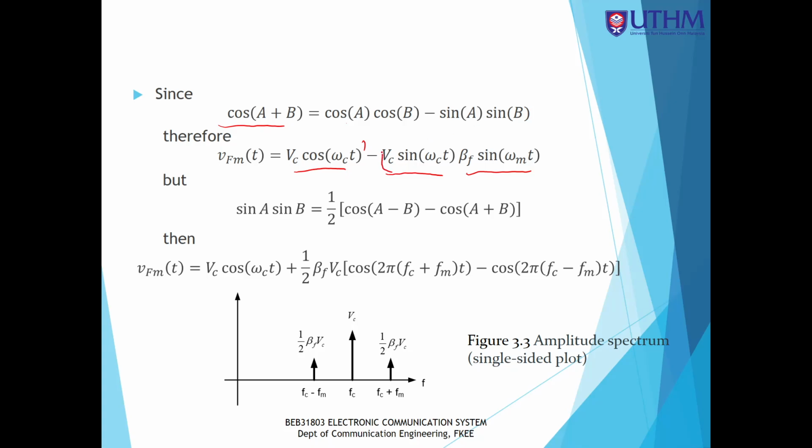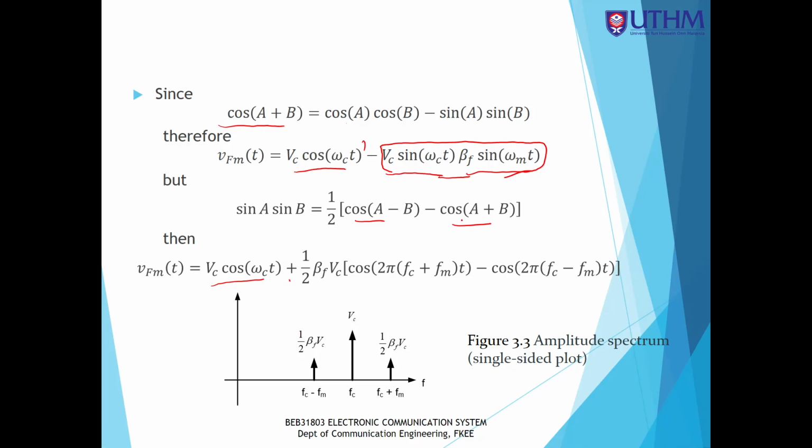Again, we see that this part is sine and sine. We can further elaborate this part. Sine and sine, according to trigonometric identity, becomes cos(A minus B) minus cos(A plus B). So this is what we have done in AM. So we get a lower sideband and upper sideband. So what happened? Vc cos omega_c t plus, you see that it becomes plus here.